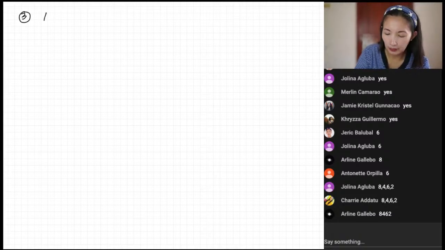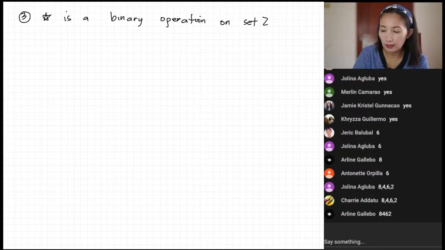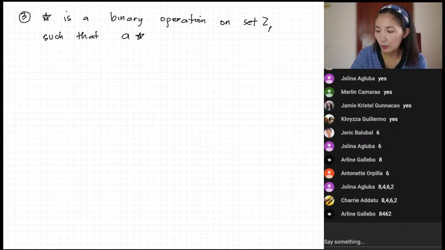Star is a binary operation on set Z such that A star B is equal to A plus B plus AB.